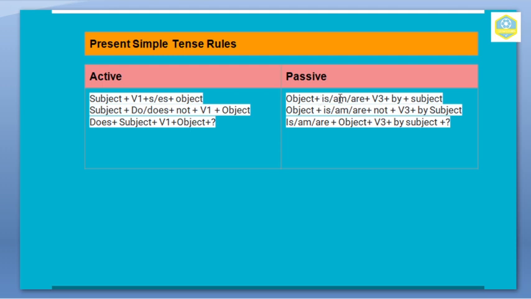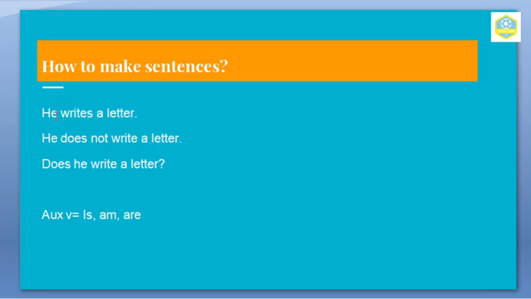Object, as I told you, the object will come first. So you can identify here, he is the subject. Let's make it more simple. S, right? This is the verb, action, right?